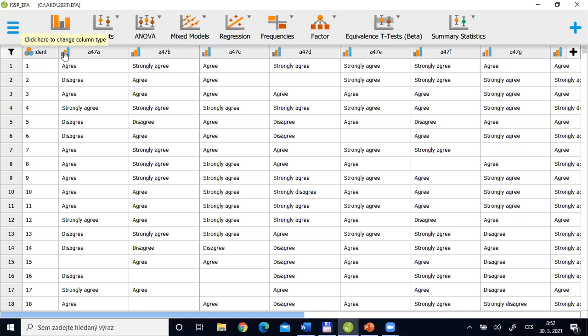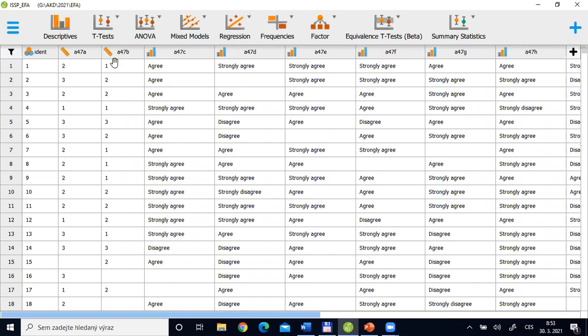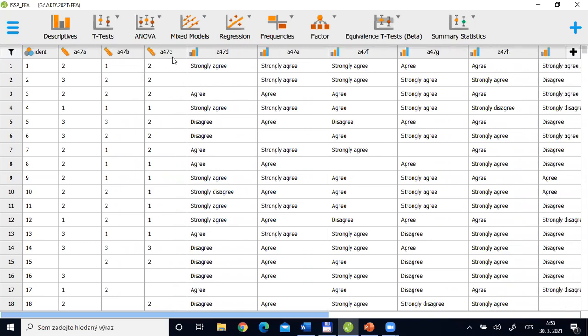As you can see here, all these A47A up to K are defined as ordinal, which is correct according to this data. But for computations of factor analysis in JASP, it is necessary to change into scale. So I would select all these variables and define scale.